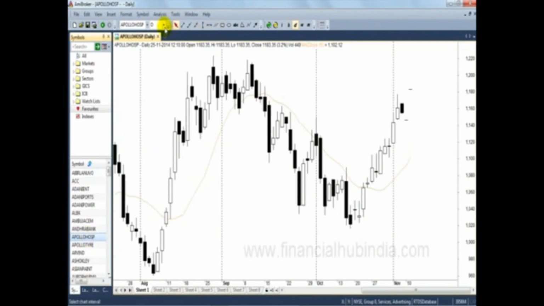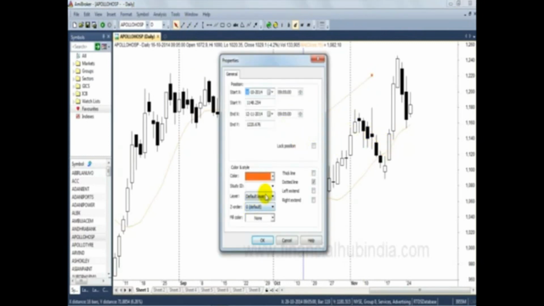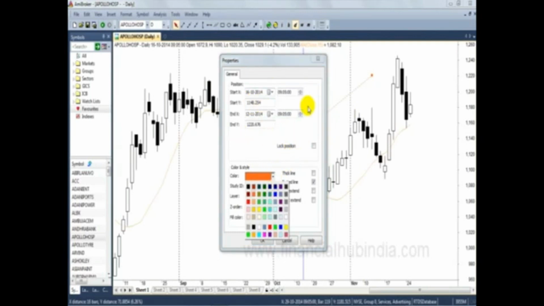And here are your different time frames. What you take, what you trade, is up to you. Here are the stocks. These are the lines you can draw. If you draw a line and double click on it, you get the properties, the colors and everything.